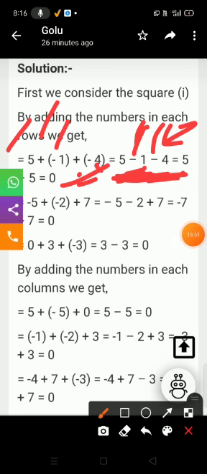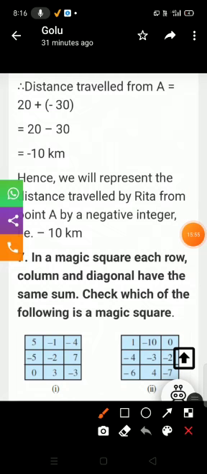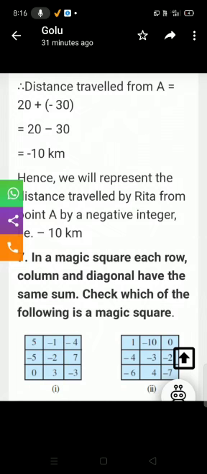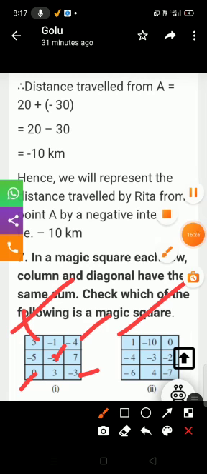Diagonal means you take a cross like this: the numbers 5, minus 2 and minus 3, and then minus 4, minus 2 and 0 after adding. Clear? So this is your task: solve the first square and the second square also. Okay, thank you students.